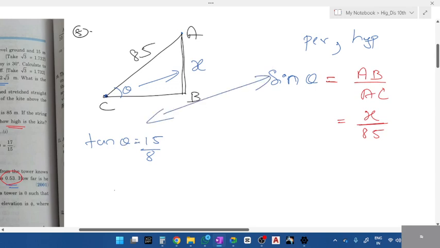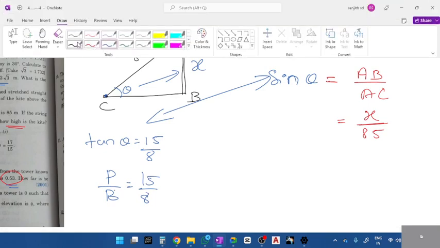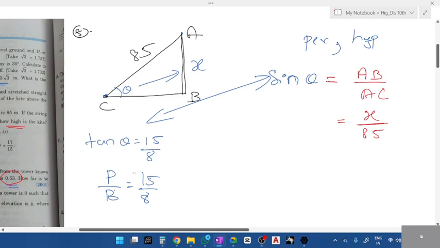Now we know tan theta is given, what is the tan theta formula? What is tan theta? Base. What is the perpendicular value? This is the formula. This is perpendicular. Then what do you have to find?